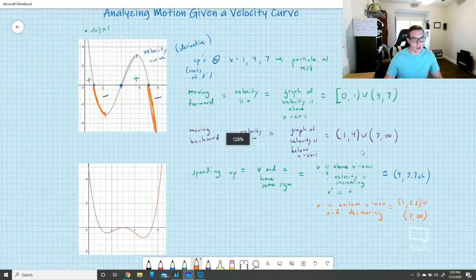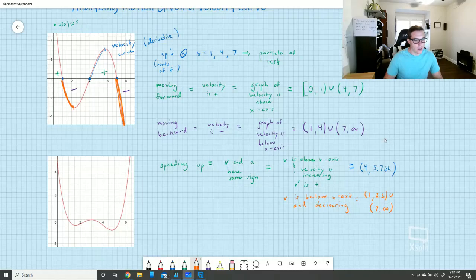So zooming out just a little bit, this is speeding up in the forward direction. And this one is speeding up in the backwards direction. Okay, and that's kind of a complete analysis of motion for now, based on a velocity curve that we can do.